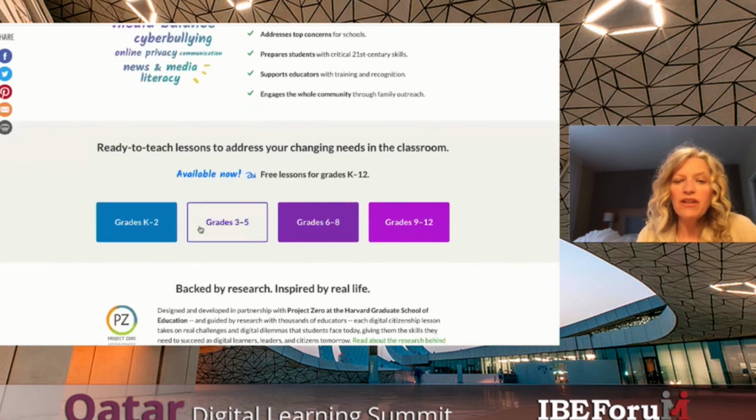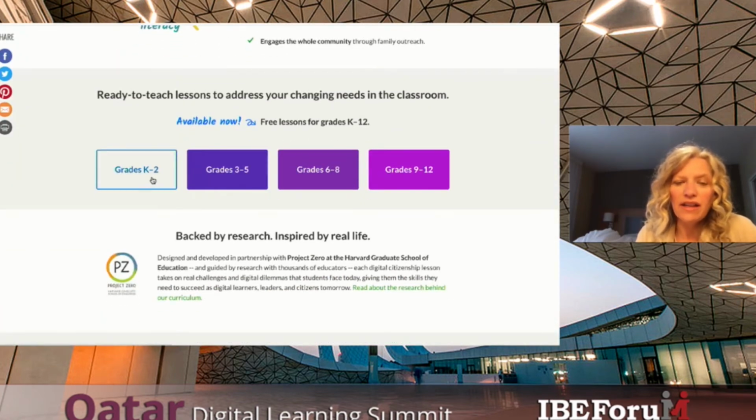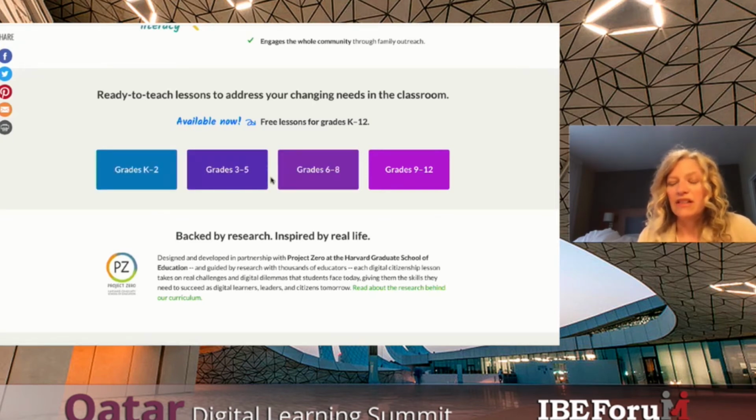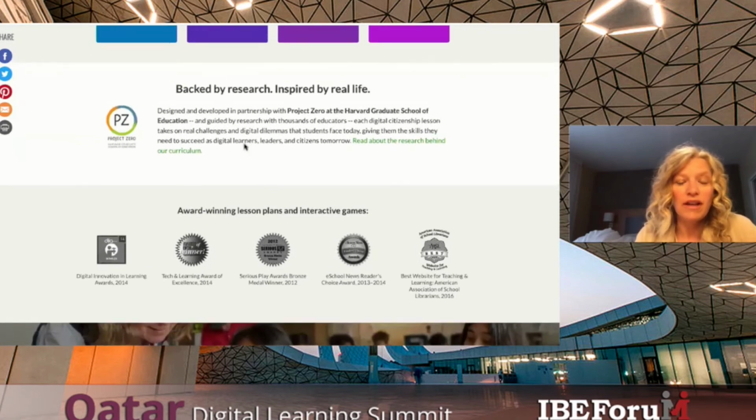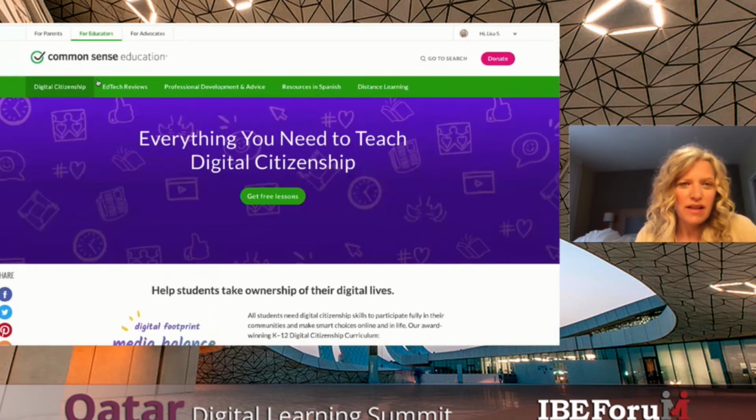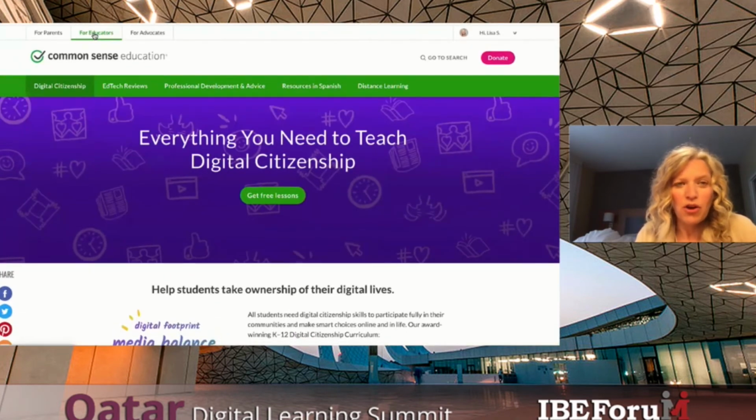Right here, if you are a kindergarten through 2nd grade teacher, you can look at only those lesson plans. You can filter it by grades, and you can filter it by topic. So you've got a lot of different ways you can go about doing this.